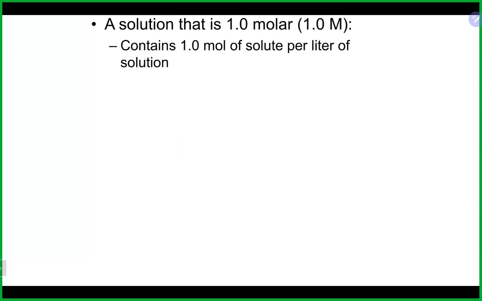We touched upon it when we were talking about equivalence. If you have 1 molar sodium chloride, sodium chloride will break apart into sodium ions and chloride ions.